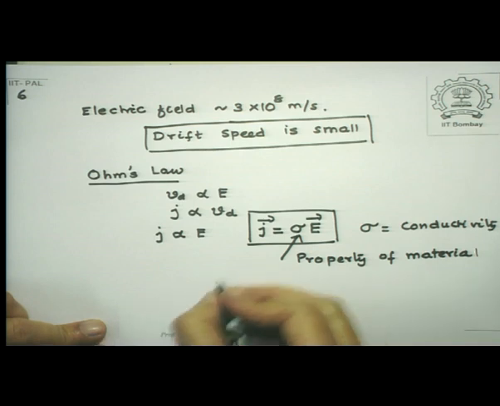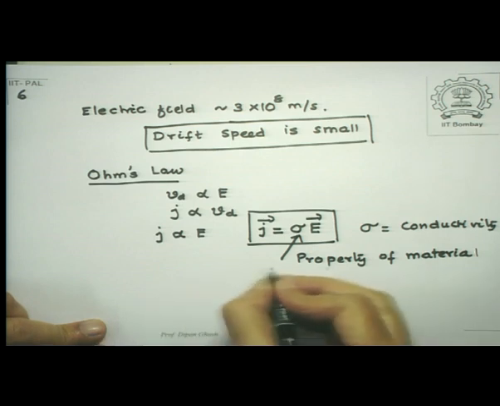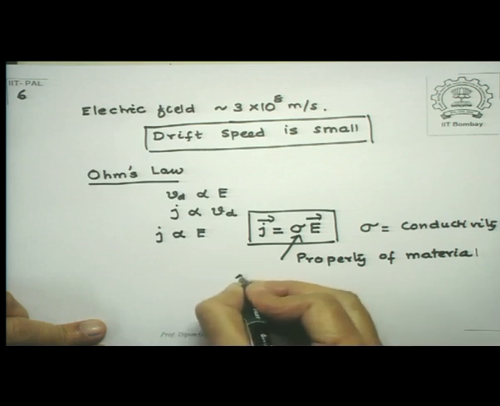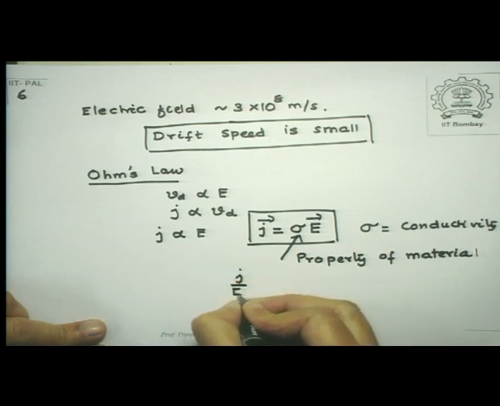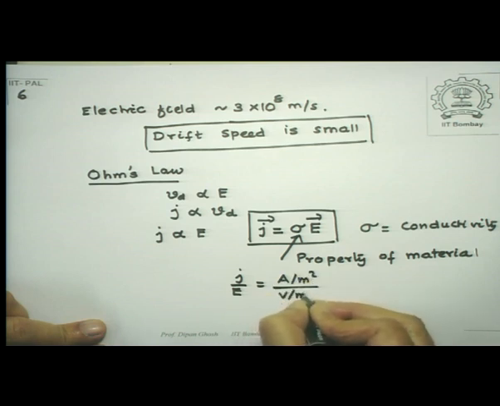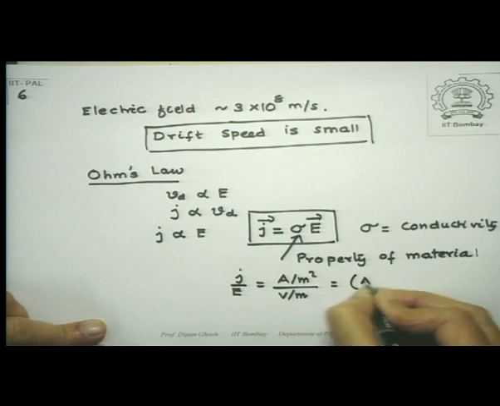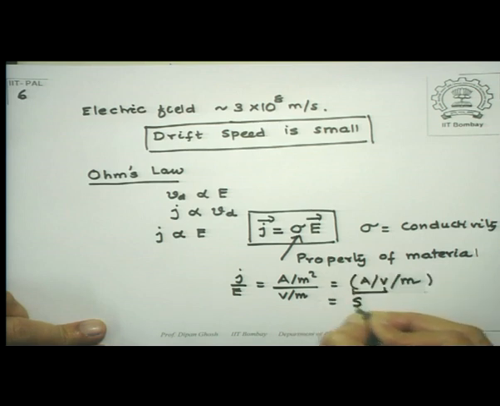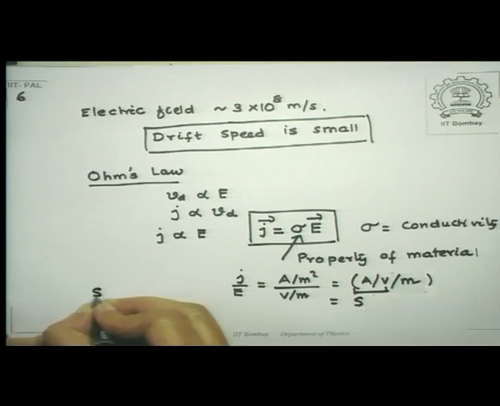Now you can see what the units of conductivity are. It is the unit of J by E, and J is in ampere per meter square, divided by volt per meter. So it has the unit ampere per volt meter. This quantity is called a Siemens.